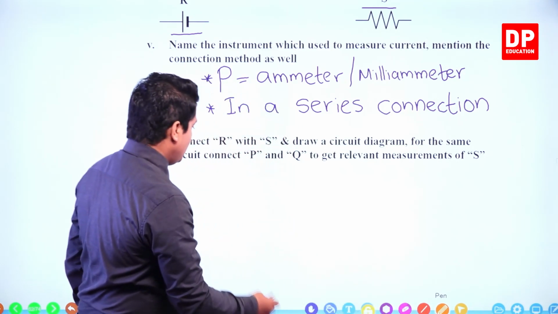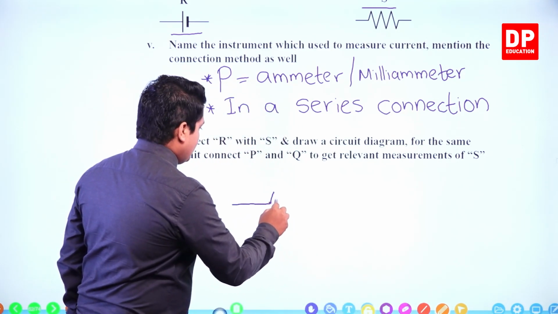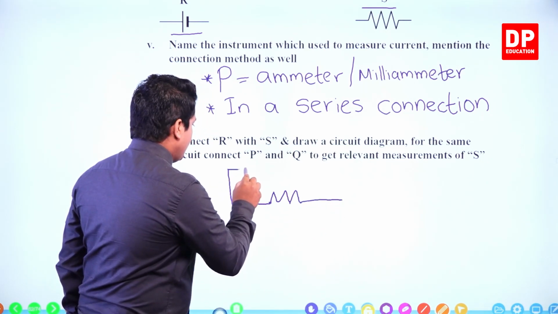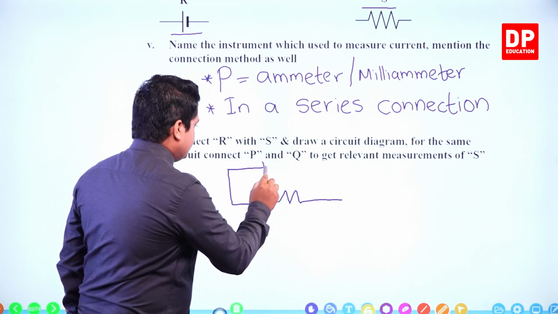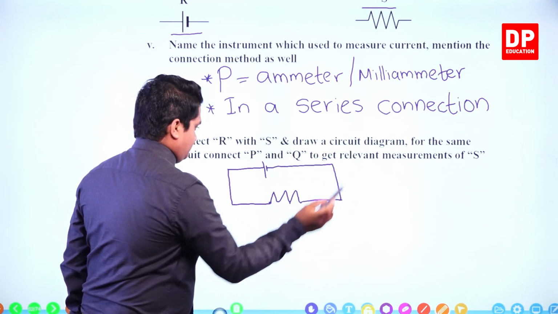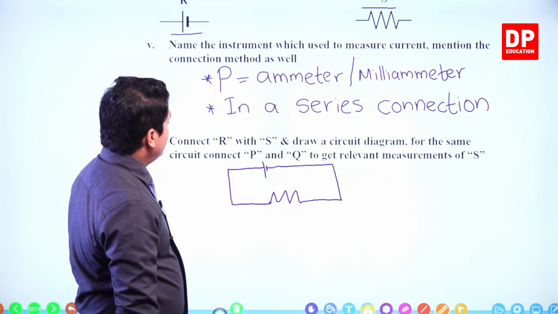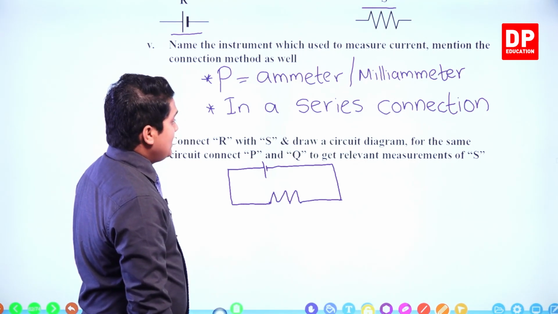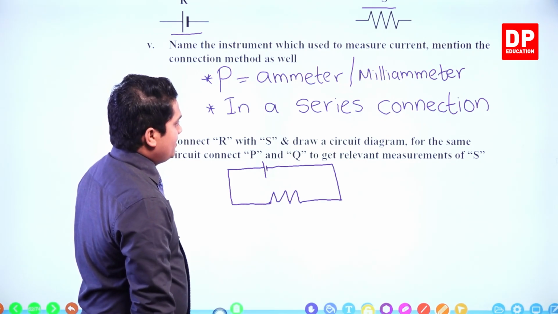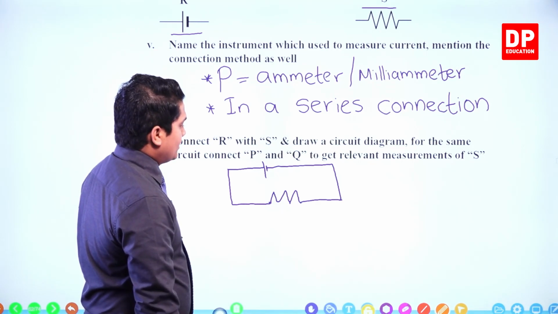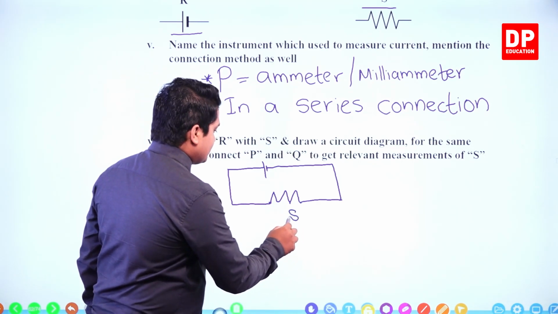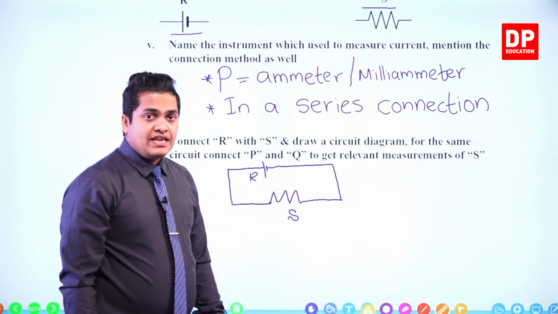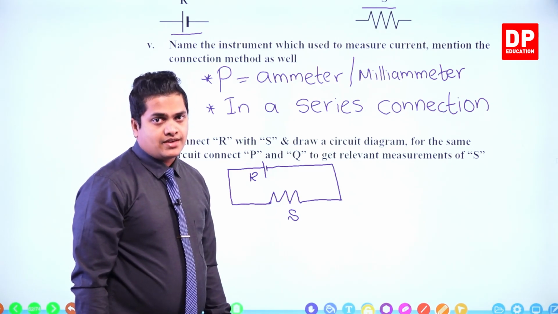So first of all, we'll take the permanent resistor and connect it with the dry cell. Then for the same circuit, connect P and Q to get relevant measurements of S. This is S. This is R. Then we have to connect the P and Q instruments to this circuit.